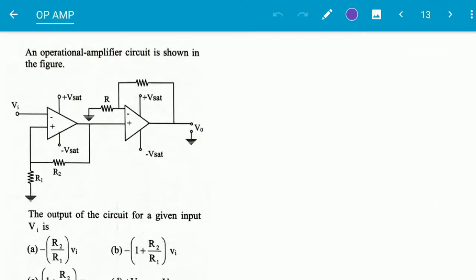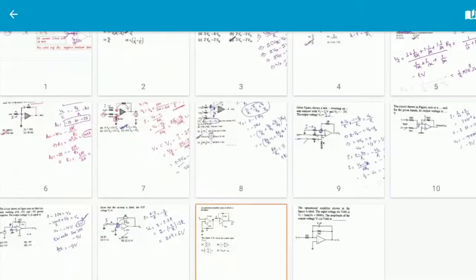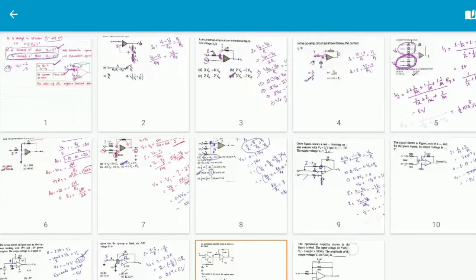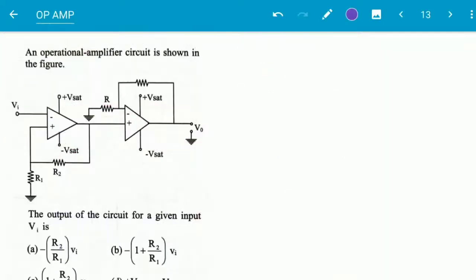Next question: an operational amplifier circuit is shown in the figure. The output of the circuit for the given input Vi is, what is the output for input Vi? So here I have solved all the questions that have negative feedback.